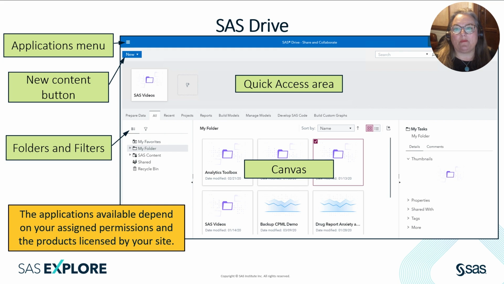We have this applications menu if you want to play around or navigate to other applications. My SAS Drive will look a little different because I've been using it for a while and I have a bunch of items saved on it, but in general, it will look this way with a quick access area and the canvas.